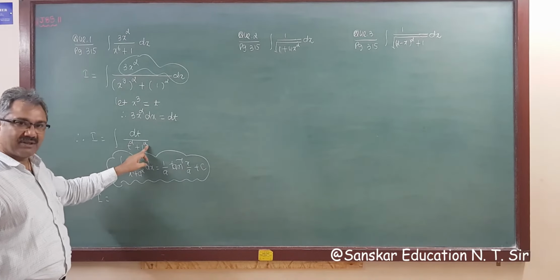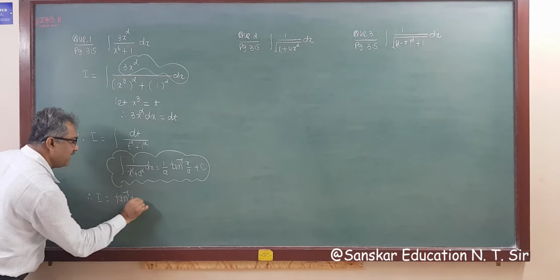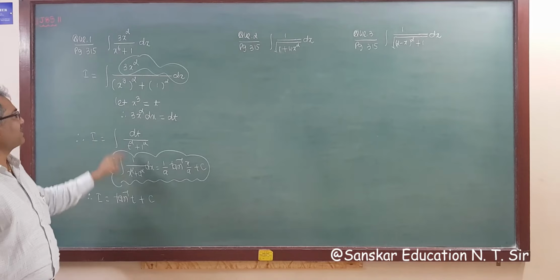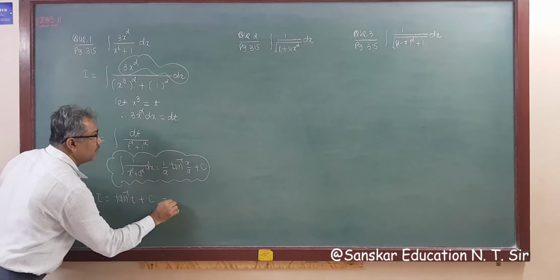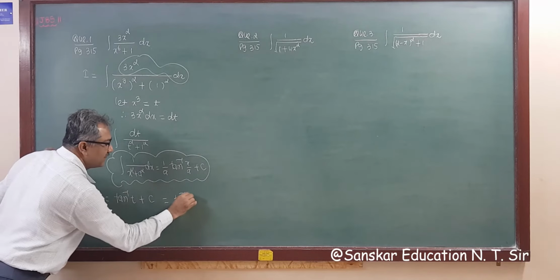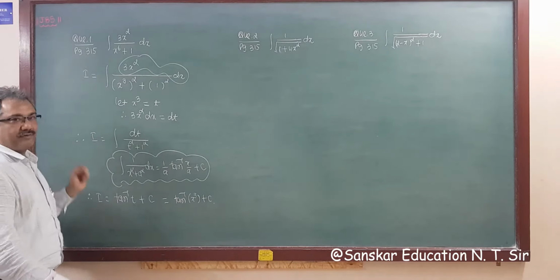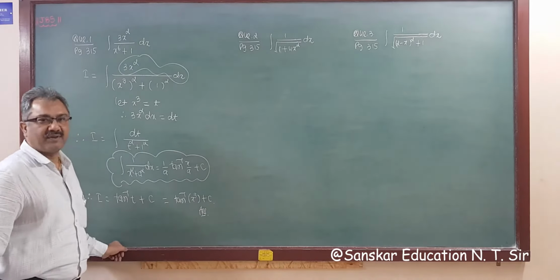So answer will be tan inverse t plus c, and you have to substitute the value of t, and what is t is x cube. So answer of this is equal to tan inverse x cube plus c. So this is your answer, right?